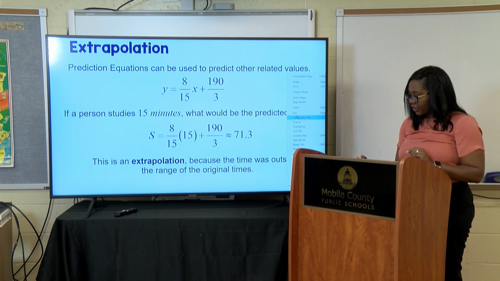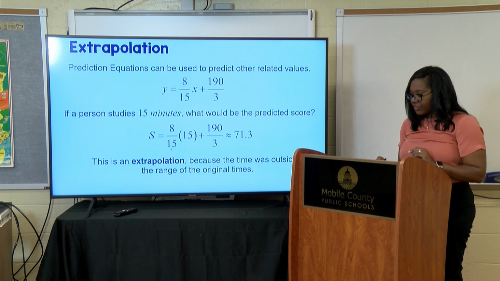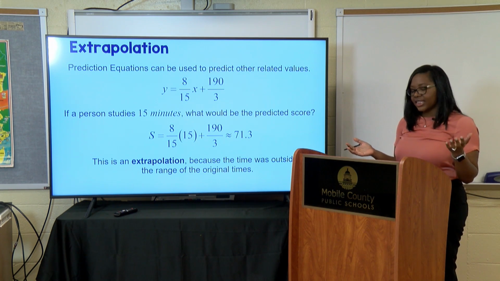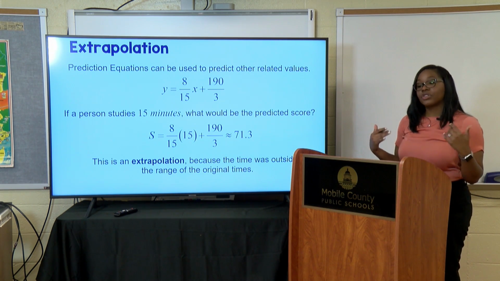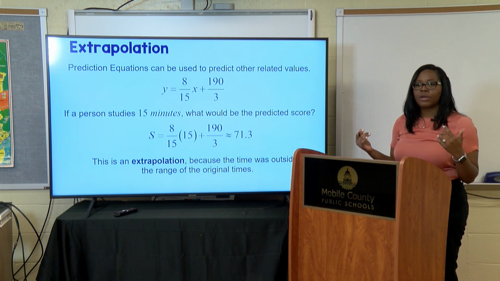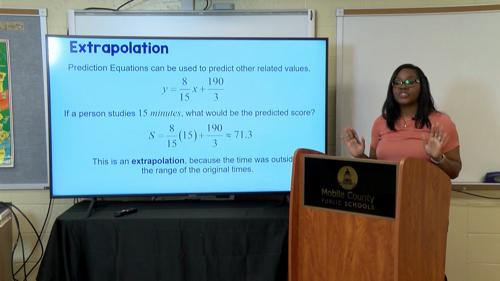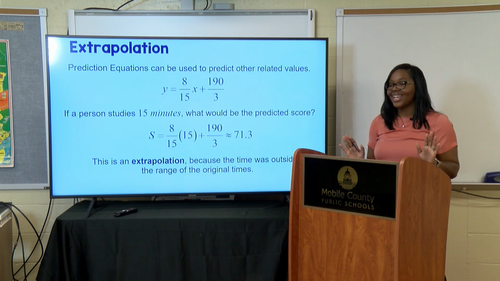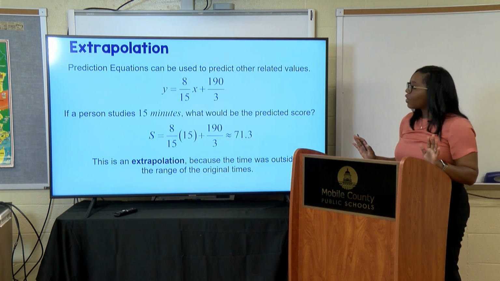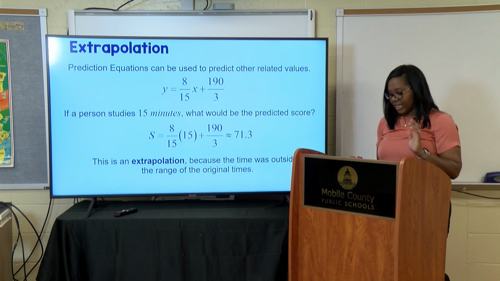Simplify this expression. 8/15 times 15 is just 8. Then add 190 over 3, and you'll get about 71.3. That tells us that if a student studies for 15 minutes outside of class, they can expect to score around a 71 on the test.